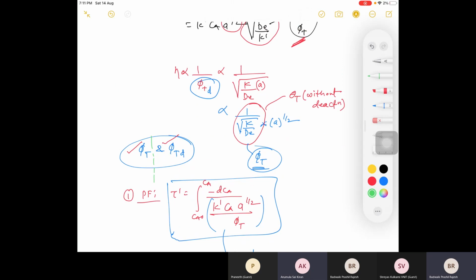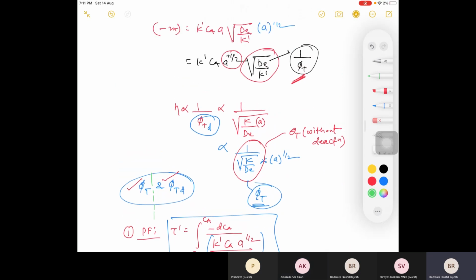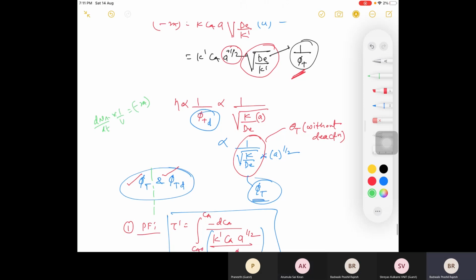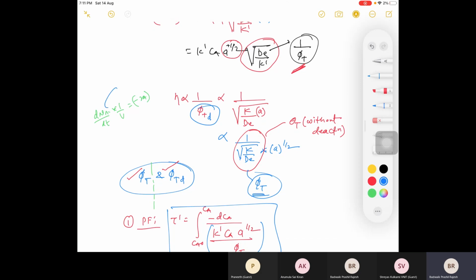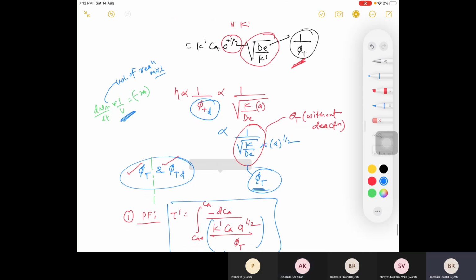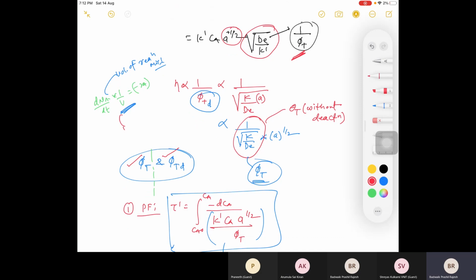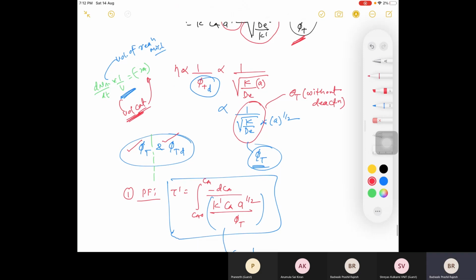Okay. So you are telling, see, what I consider is this could be K dash, this may be K. Suppose I'm defining my rate as dNA by dt into 1 by V equals minus RA, where V is the volume of reaction mixture, then it is as it is. Suppose I define it as volume of catalyst, then you may consider it as without dash.